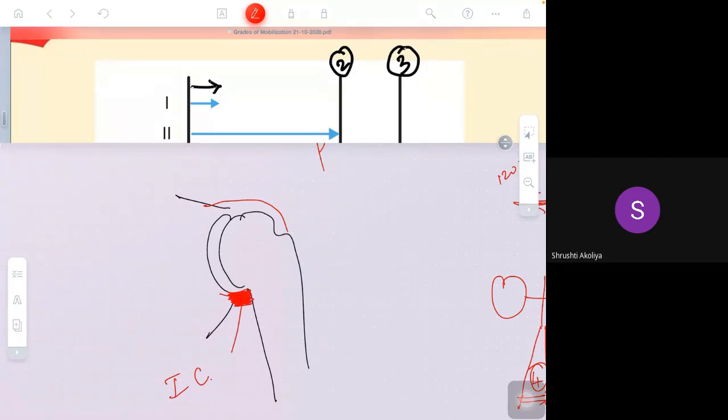Which range will be restricted? Anyone can answer? Which range will be affected if the inferior capsule is tight? The options are abduction, adduction, flexion, extension. Which one is right? Abduction, sir.